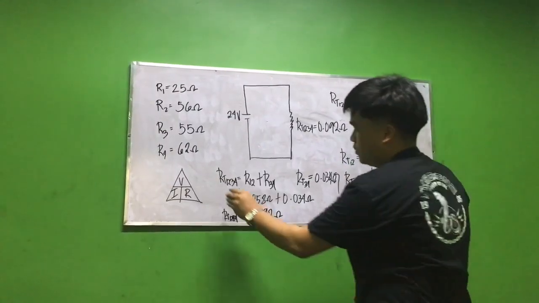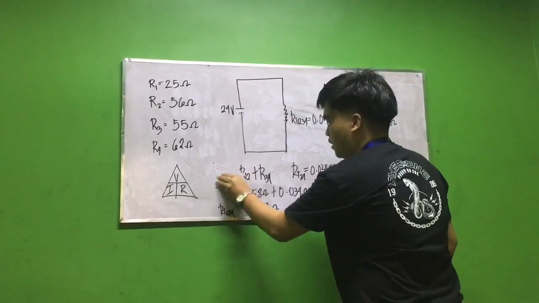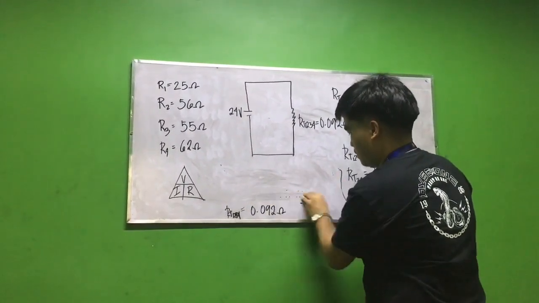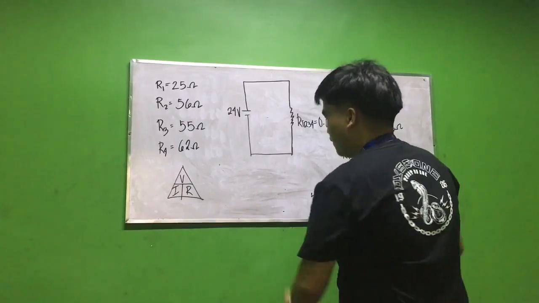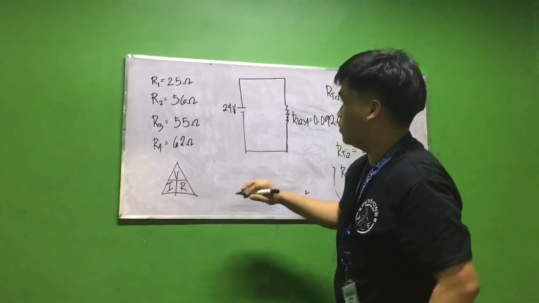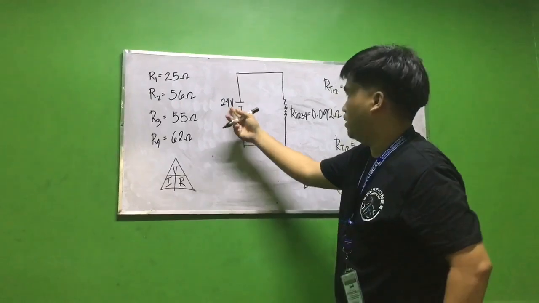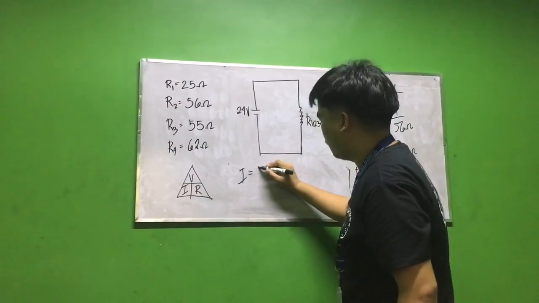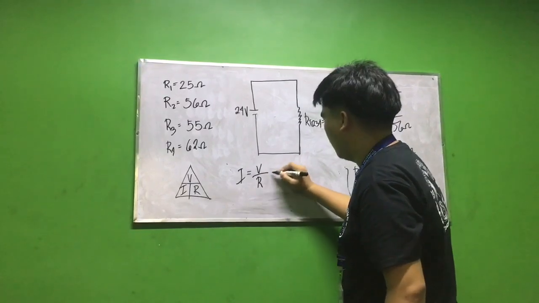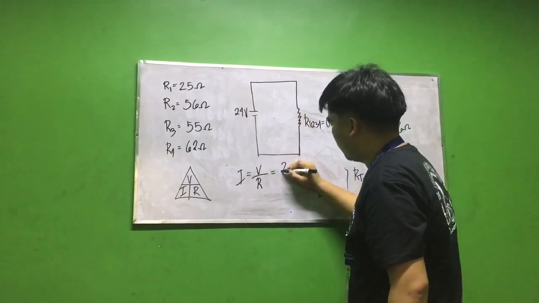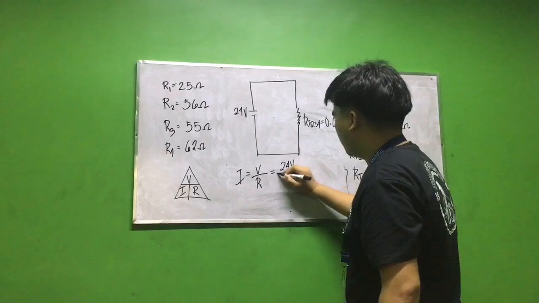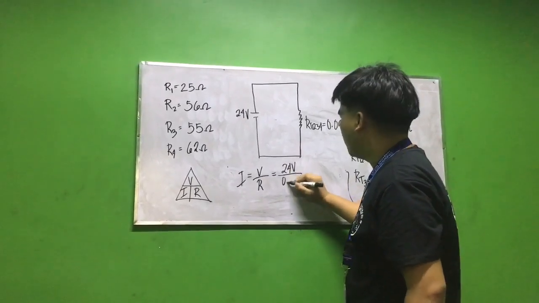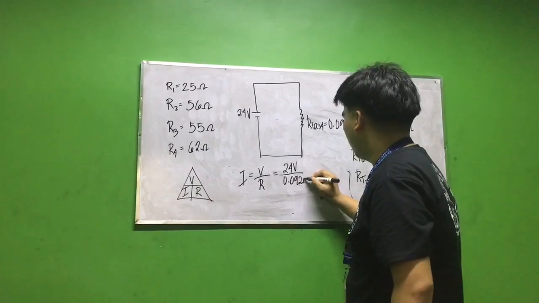Next we have to solve the current. So calculate the current. We have the given 24 volts. We have this formula: I equals V over R. So substitute the given 24 volts and R total, 0.092 ohms.